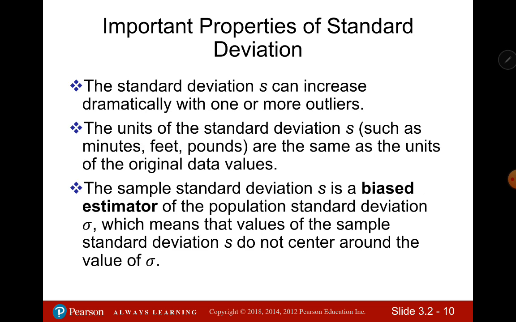Okay, let's check the next one. If we add one or more outliers, so that means we add extreme values, S can increase dramatically, which means this one is also not resistant.